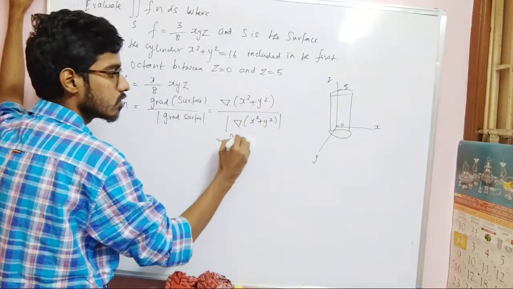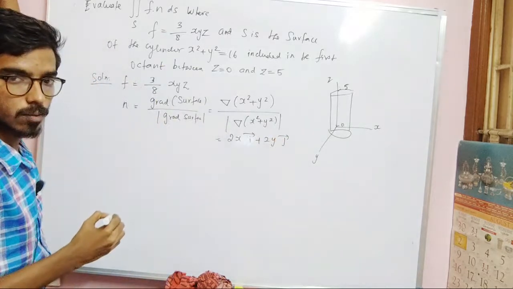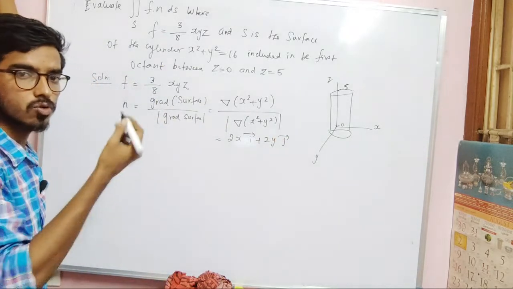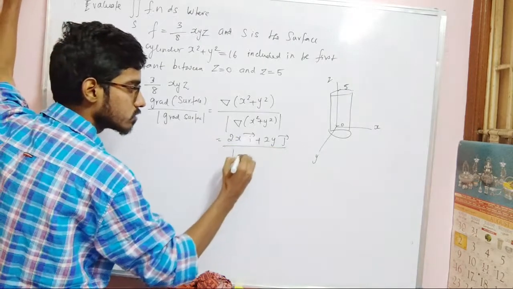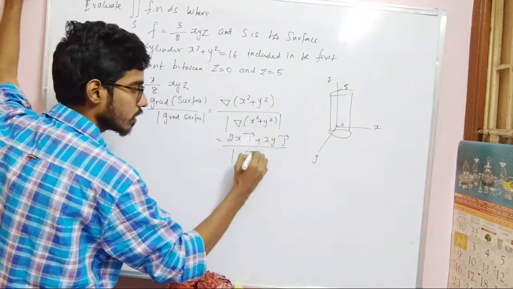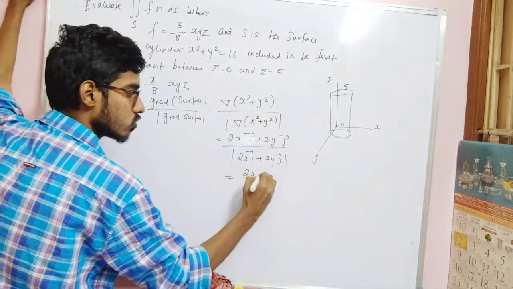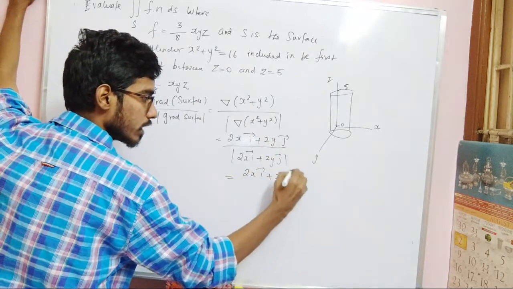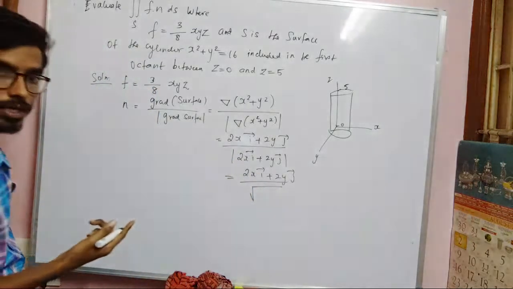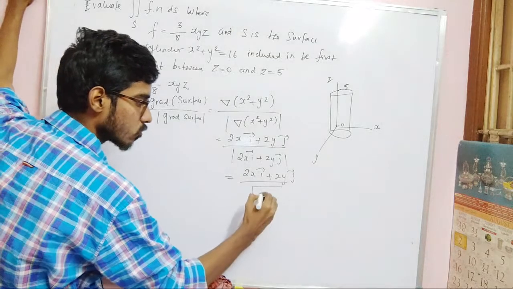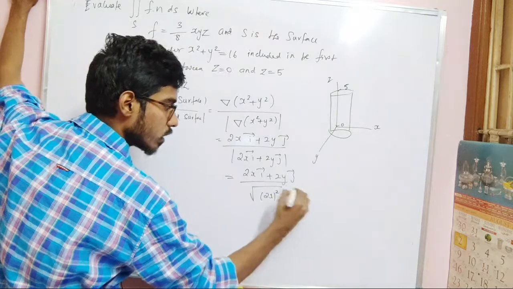So this is nothing but 2x i vector plus 2y j vector. You differentiate the first component with respect to x and multiply by i vector. This is the normal gradient, right? Now the modulus of 2x i vector plus 2y j vector is the square root of 2x whole square plus 2y whole square.